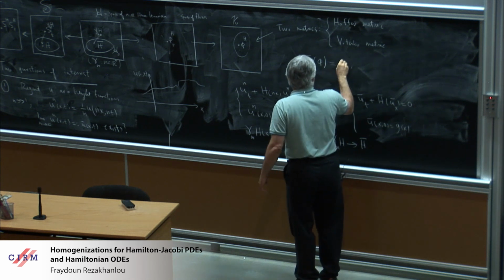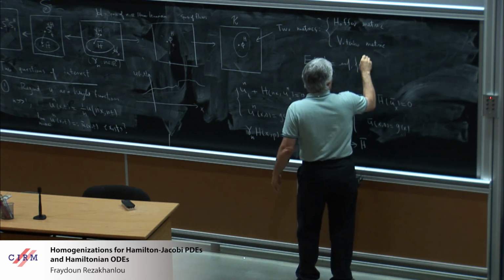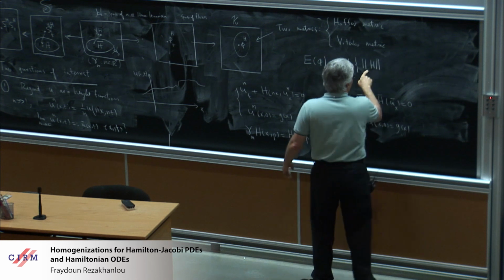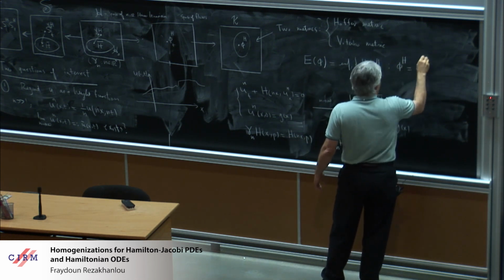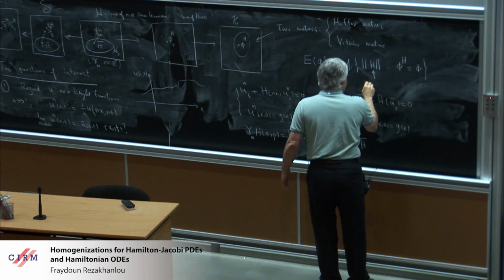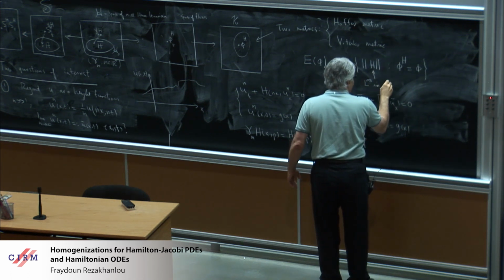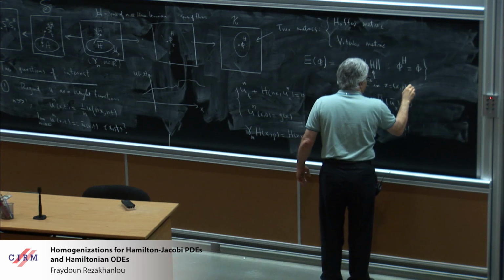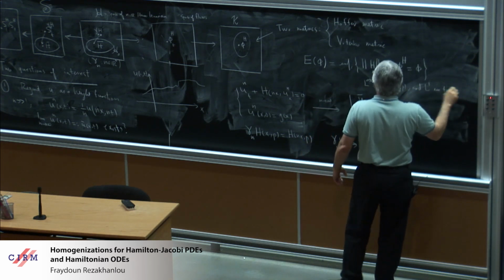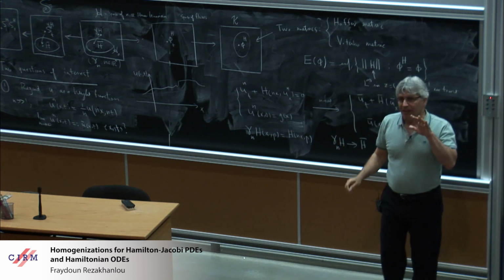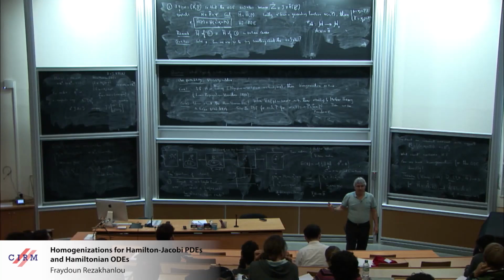In other words, this is the infimum of a norm of H, a suitable norm of H, provided that phi H equals phi. And this norm is L infinity in Z, which is X and P, and L1 in time. Here, I have to allow H to depend on time, otherwise this metric is not well defined.